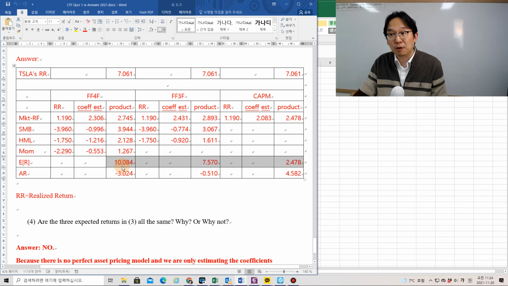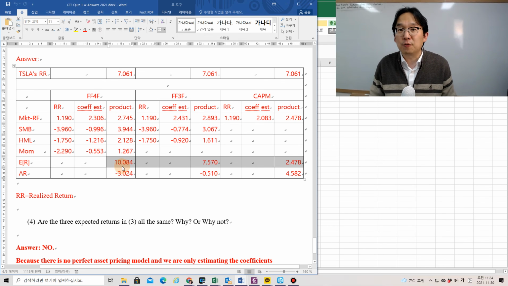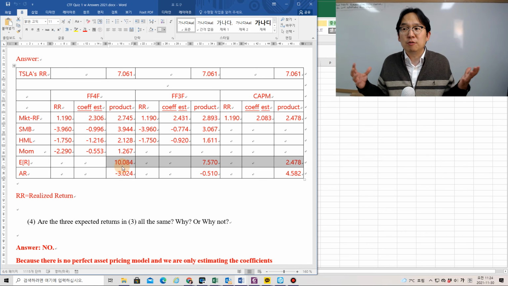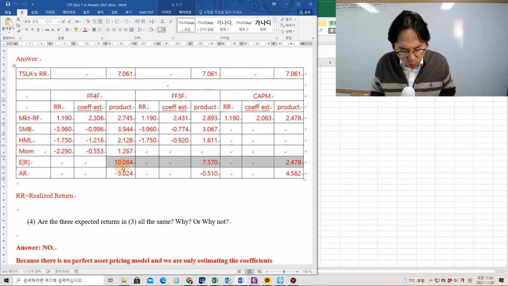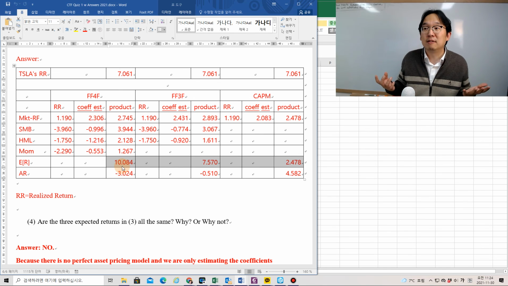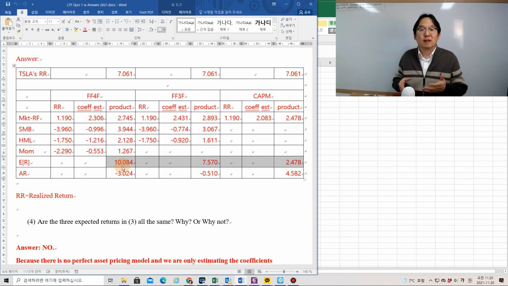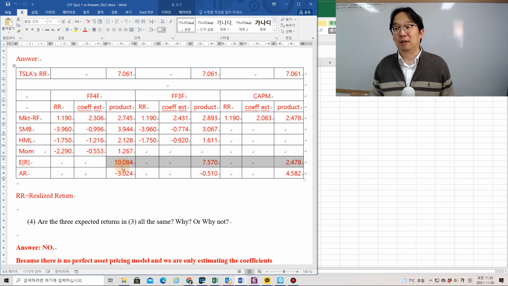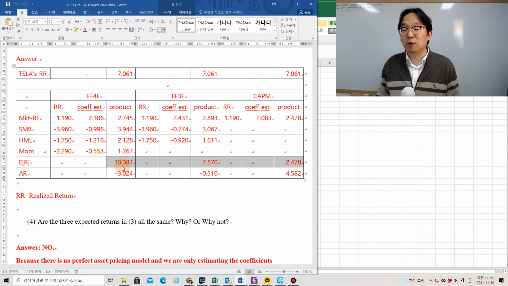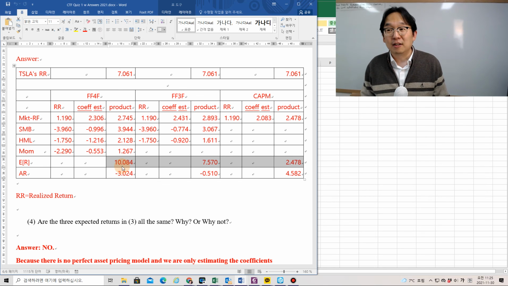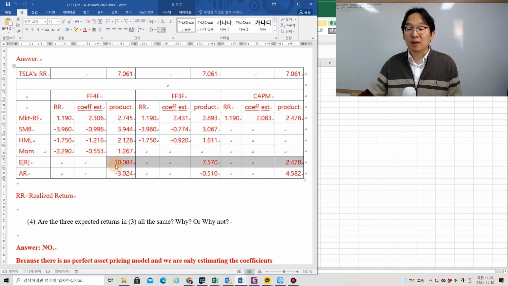That's not enough. 4-factor, it could be n different factors, could be 100 different. But the question is why? You have to answer the question about why. And because there's no perfect asset pricing model in this world. Okay? That's the answer.